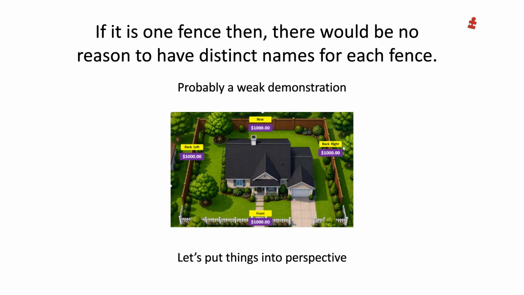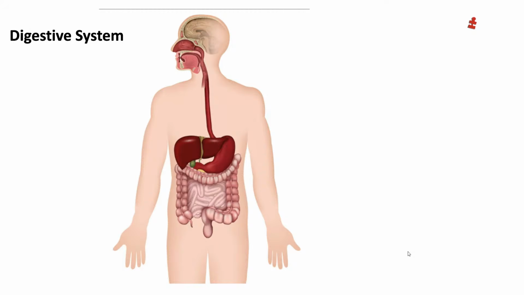You can have the same yard and different parts of the yard can coexist, like the digestive system. It's one system, right? The digestive system begins at the mouth and ends at the anus, but it's the same system. And when you talk about it, the mouth has its own procedures.